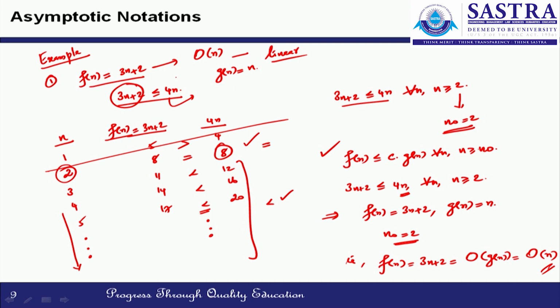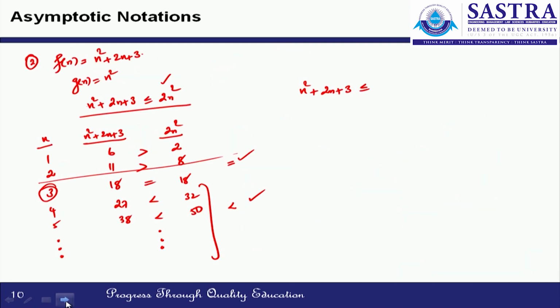Since we would like to satisfy this inequality, f of n is less than or equal to c into g of n for all n greater than or equal to n0, the constant is taken as a positive 1. n square plus 2n plus 3 is less than or equal to, taking one constant c as 2, we can write 2 into n square for all n greater than or equal to 3.